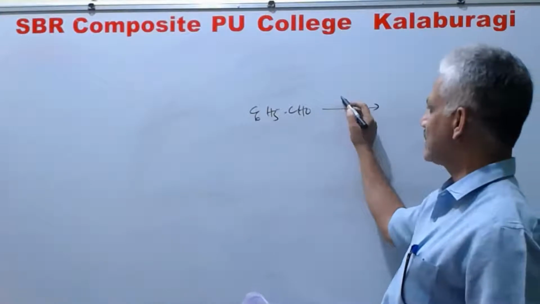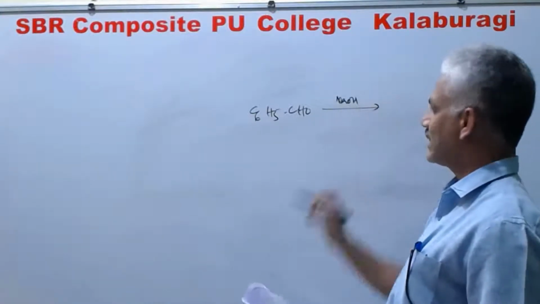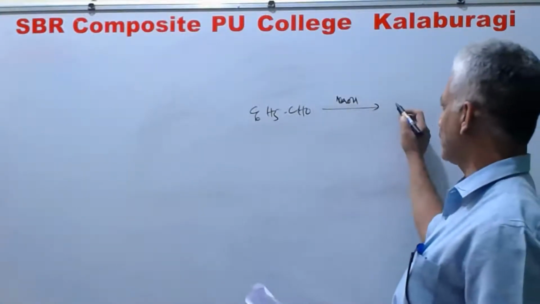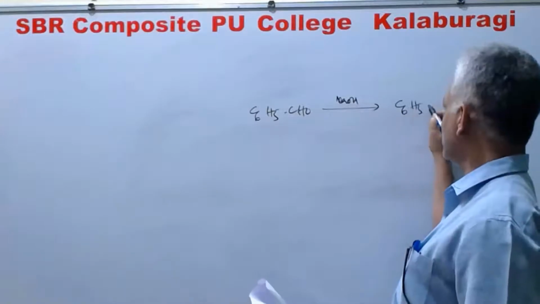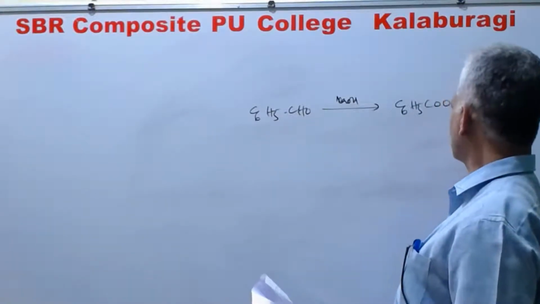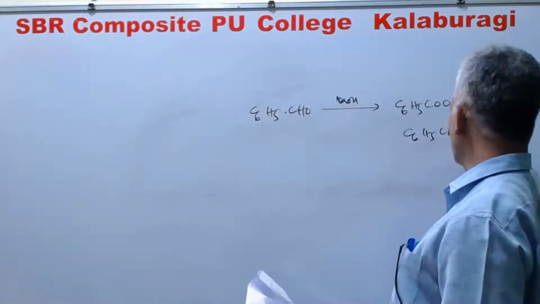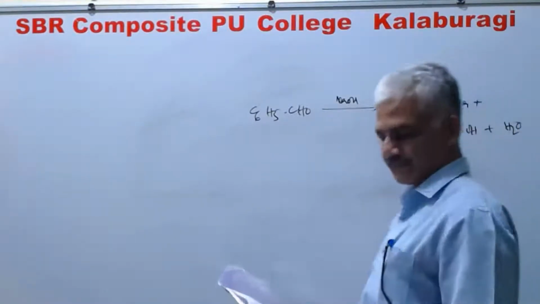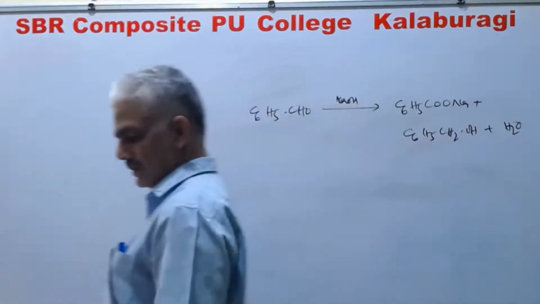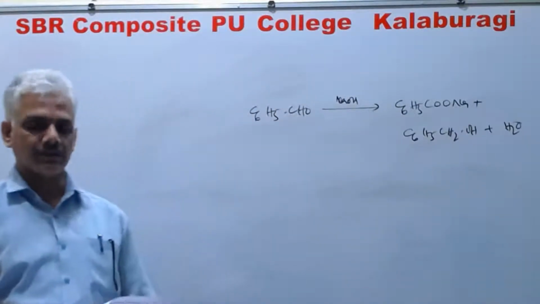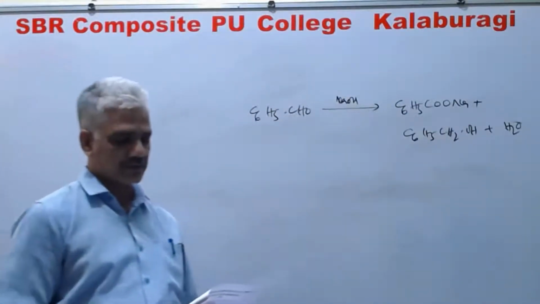So, in Cannizzaro's reaction, if reaction is carried out in the presence of sodium hydroxide, the products will be C6H5COONa plus C6H5CH2OH. So, you can go with the second option for 17th question.